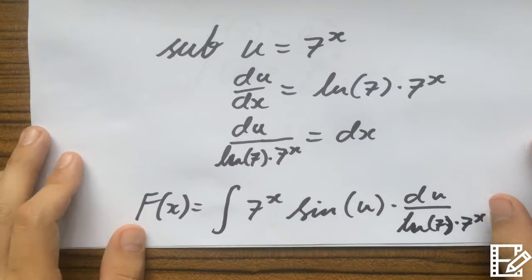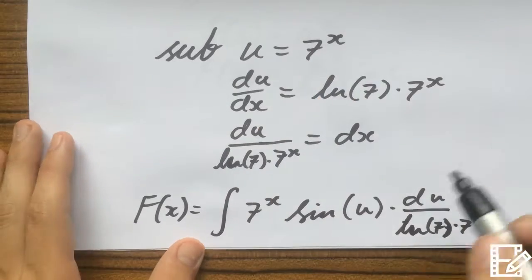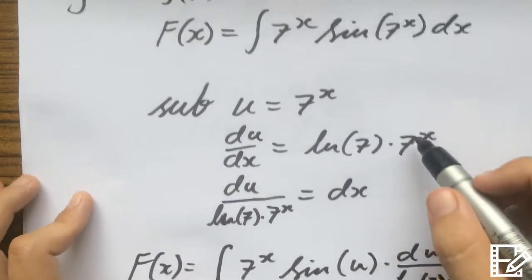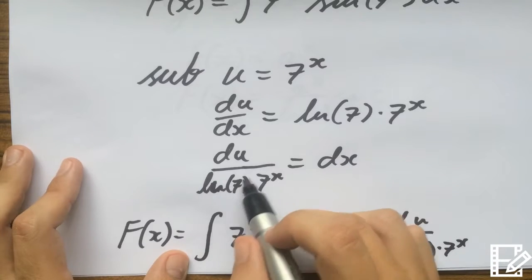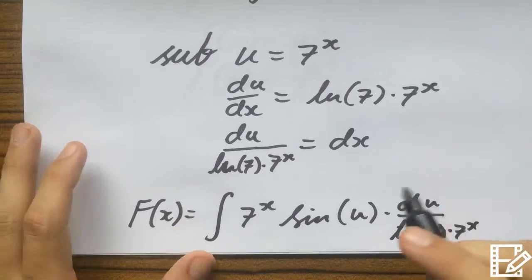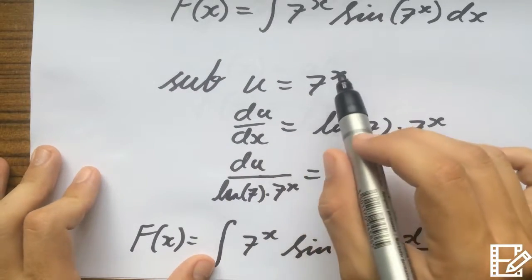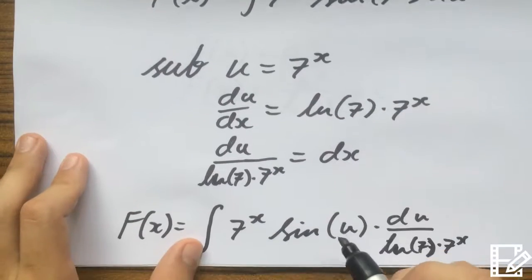Okay, now I've done something a bit different here. Firstly, I switched the dx for the du over ln 7 times 7 to the power of x because they equal the same thing. So I subbed this in. And also, I said u is 7 to the power of x. That's why I subbed in u here, where the 7 to the power of x was.